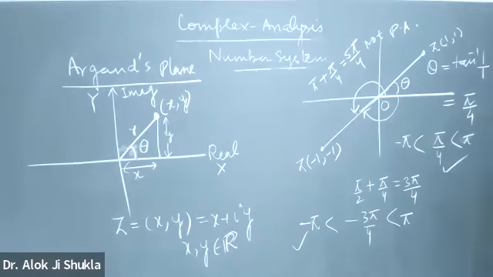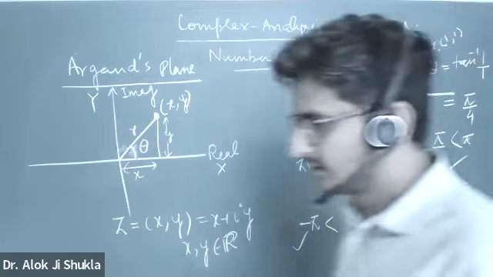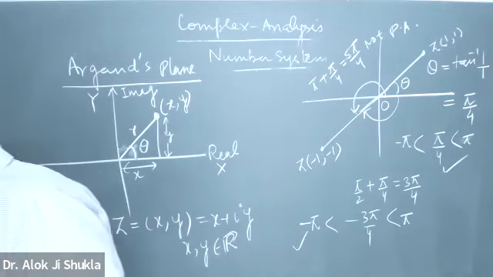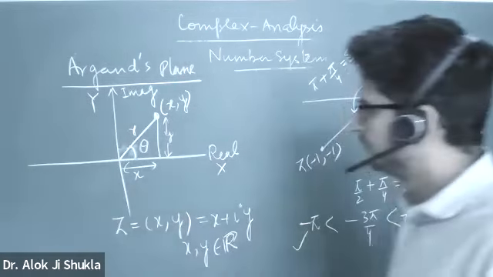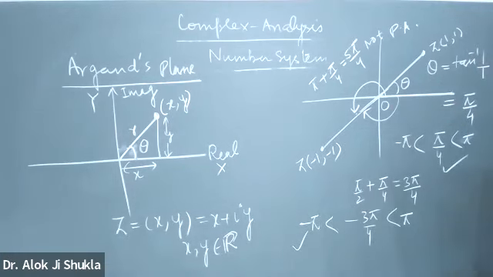So this is something very, very important to understand. If anybody has anything to ask, feel free to ask. So the principal argument is that value of theta that should lie between minus pi and pi.